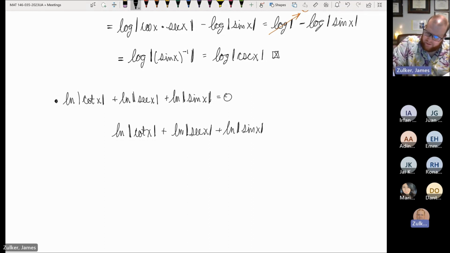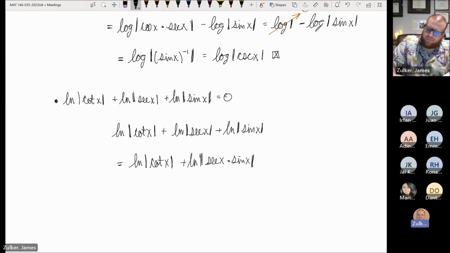And so start with the right-hand side. Right, we can combine these two as the log of their product.